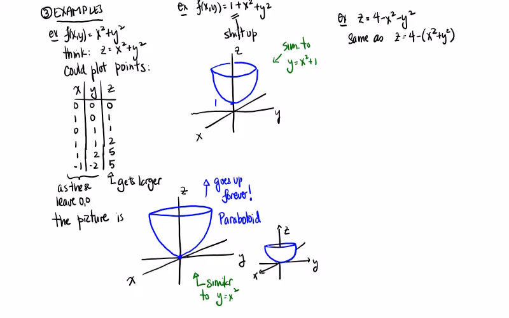So this is a paraboloid that opens down, but it's been shifted up. The minus makes it open down. The 4 is a shift up, and the minus flips it, if you prefer. So the picture we get starts up at 4, opens down. Now it doesn't stop at the xy plane, it keeps going. I'm going to stop it there just because it makes the picture pretty.